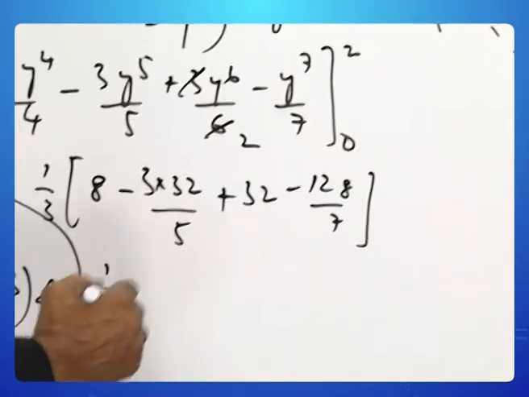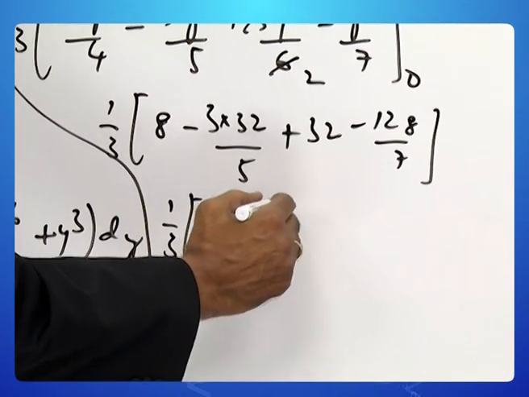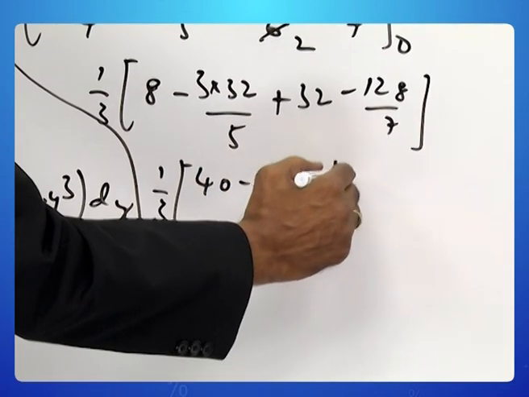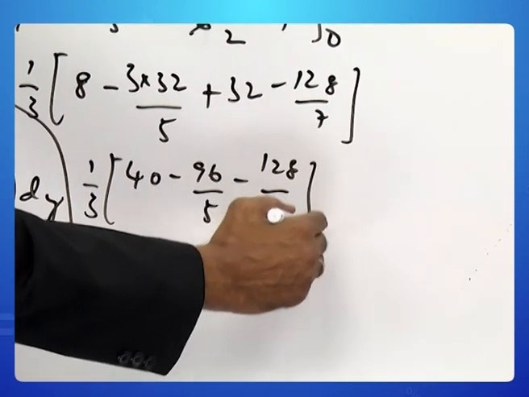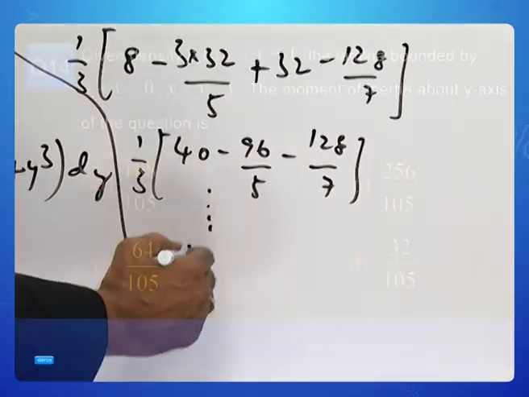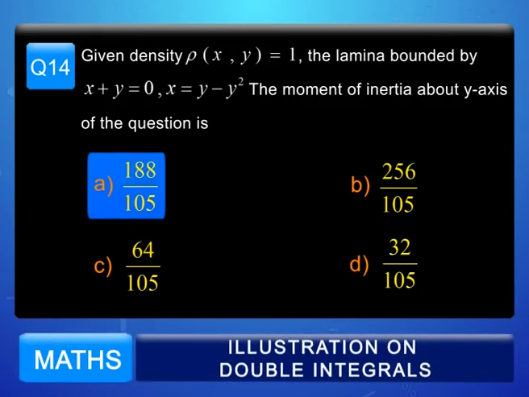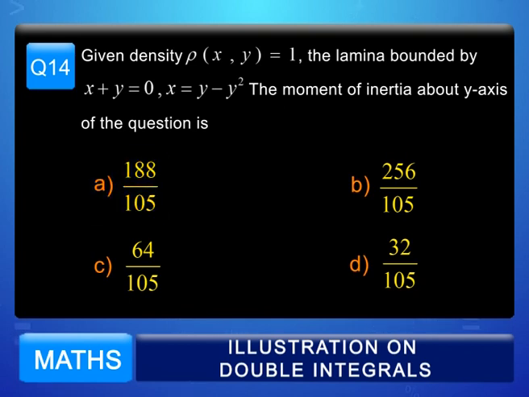So this is 1/3, 40 minus 96 by 5 minus 128 by 7. Simplify and your answer is 188 by 105, corresponding to option A.